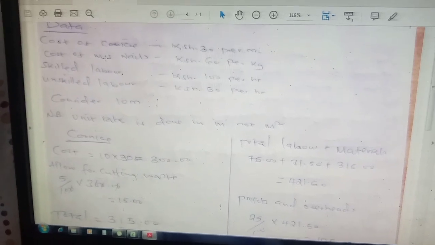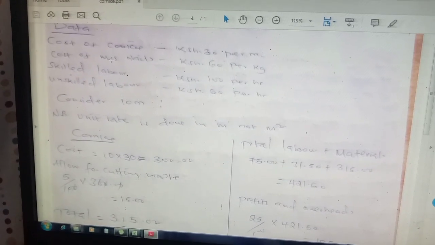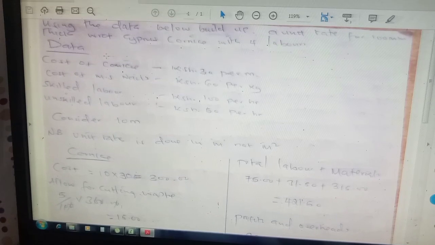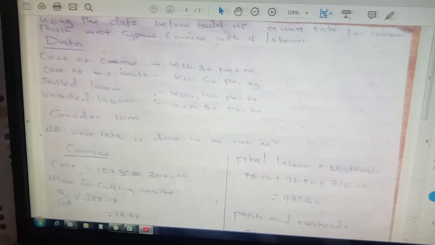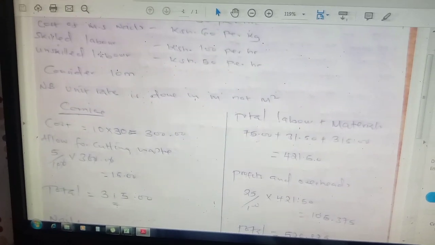So when you want to build up a unit rate for cornice, the materials that we have here are cornice itself and the nails, the two.